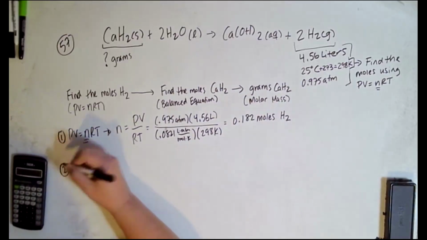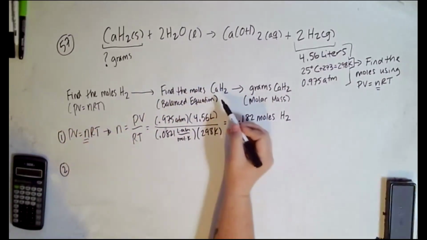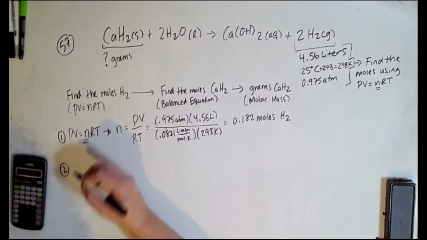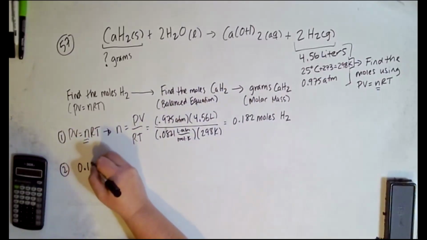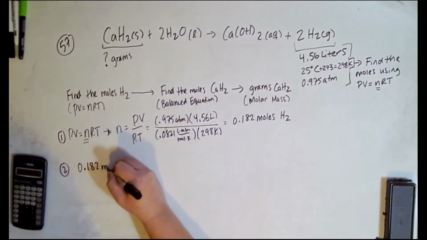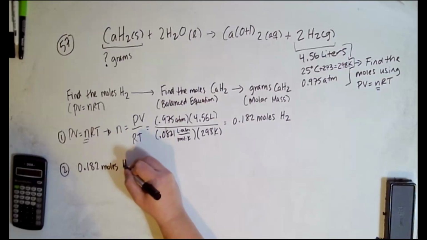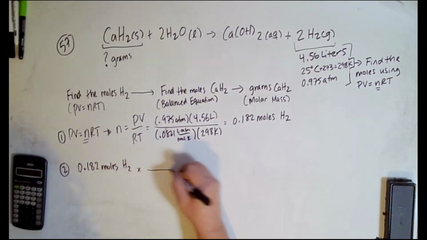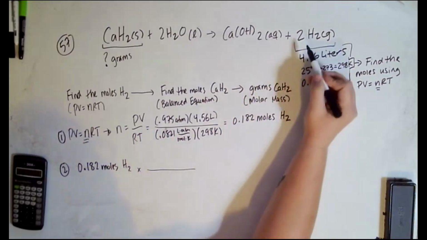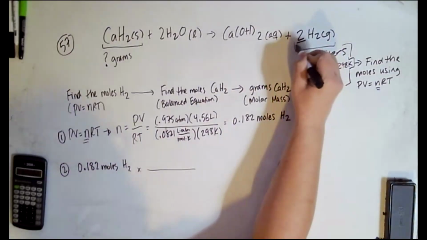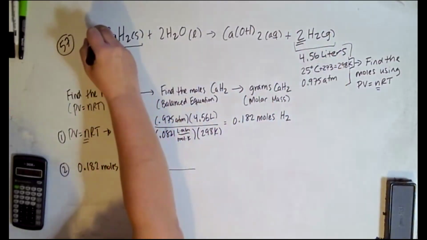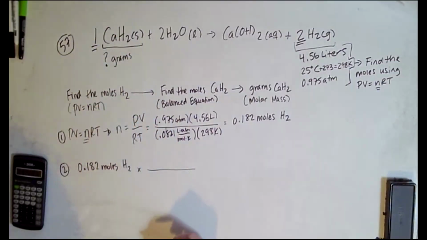Okay. Now, step two, we're going to find the moles of our calcium hydride. If we have 0.182 moles of hydrogen, then we can look at our balanced equation and we can see that for every 2 moles of hydrogen, we're going to have 1 mole of calcium hydride.